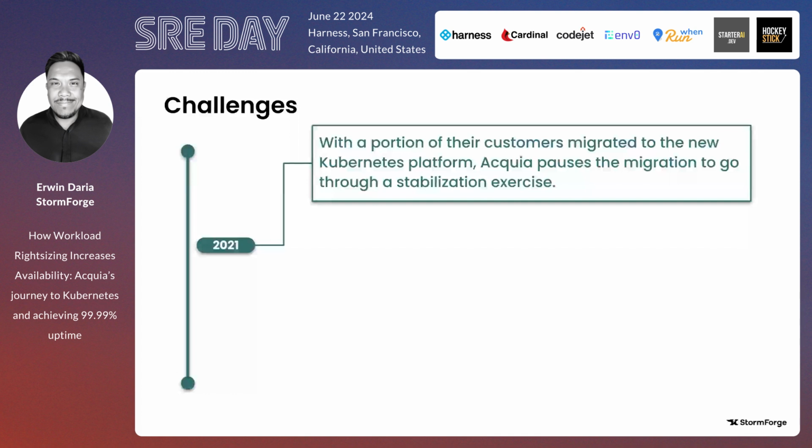And I think this is exactly what Acquia went through in 2020, 2021. With a portion of their customers migrated to the new Kubernetes platform, they had to pause because they were seeing a bunch of scaling behaviors, auto-scaling behaviors, that probably were not very good from a stability standpoint.